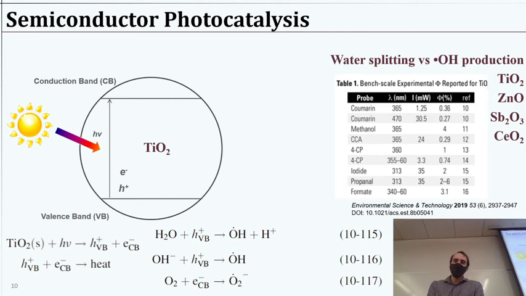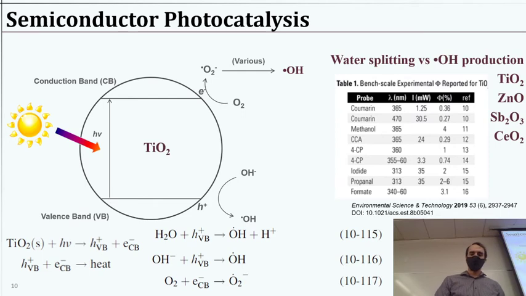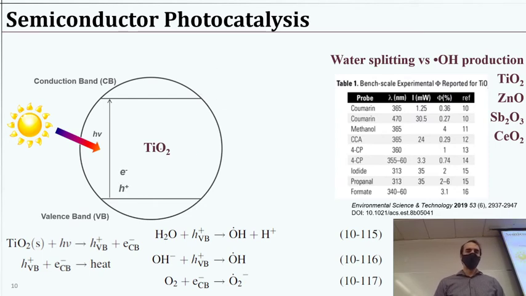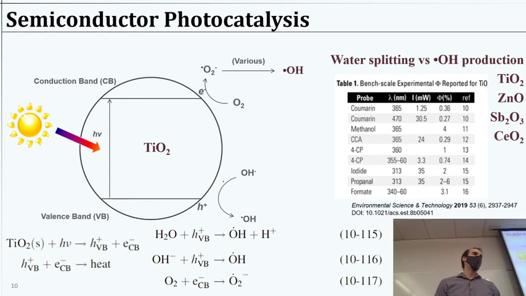And so different semiconductors can do this. Essentially what happens is when we excite them, we kick an electron from the valence band up into the conduction band. And then from there, both of those components can react with either water or oxygen in the water, or some other stuff. They can potentially react directly with something we're targeting. We could directly oxidize or reduce some compound.